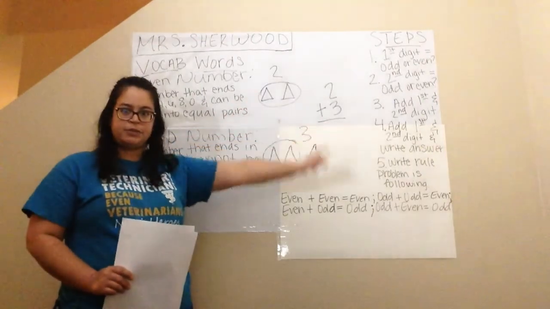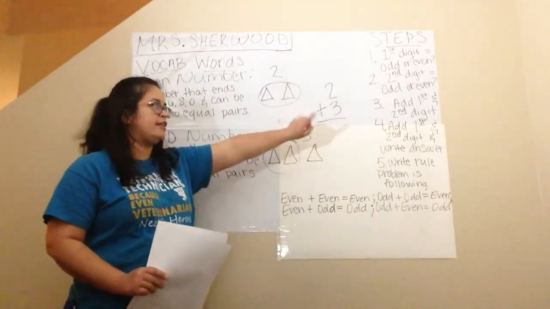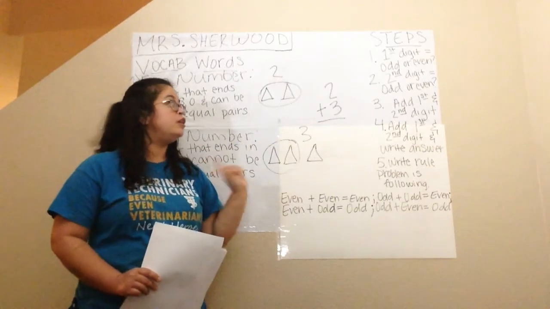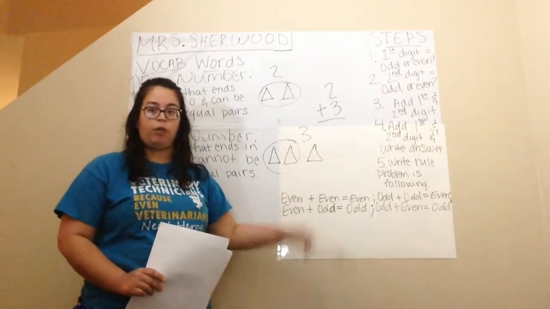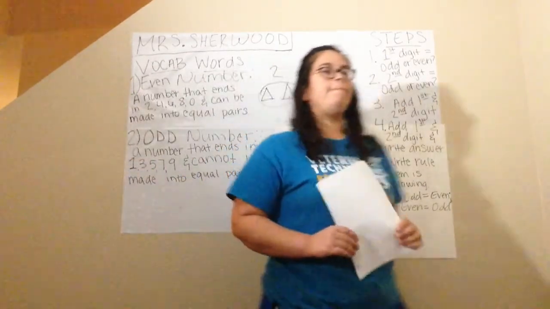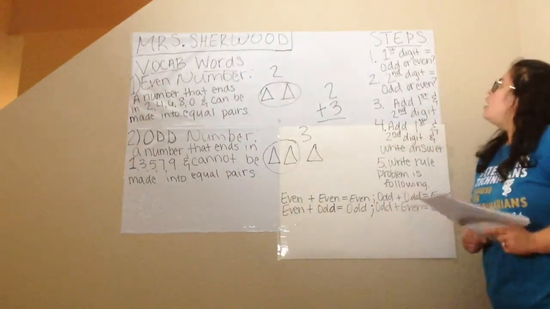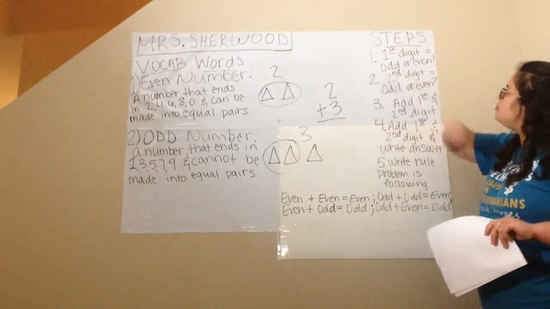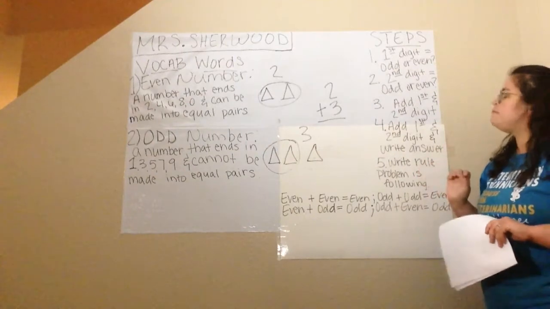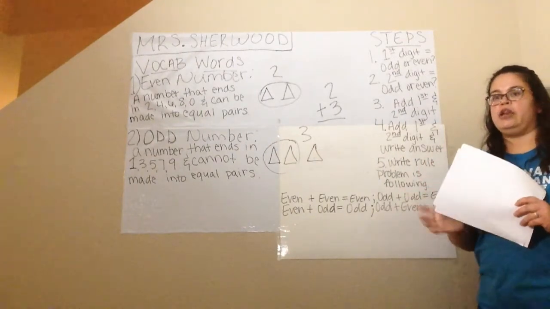These are the steps that we are going to be using to work out our problems today. The first step here is to look at the first digit that is in your problem.